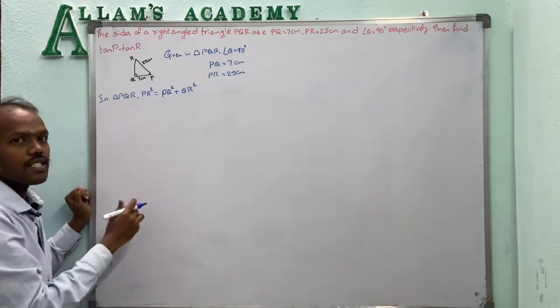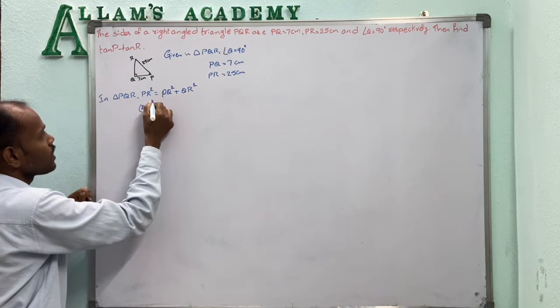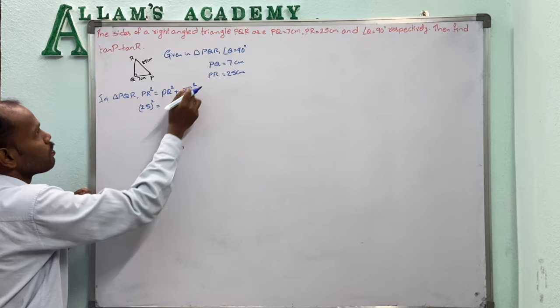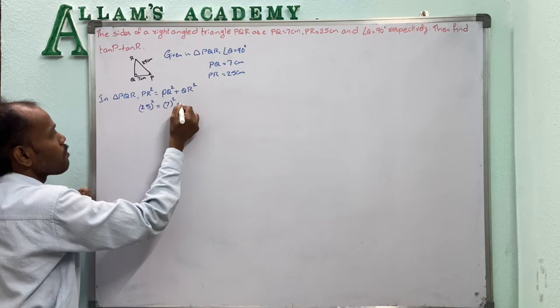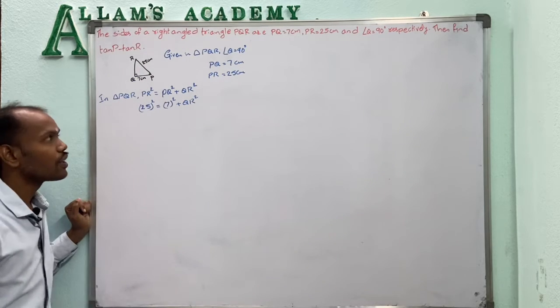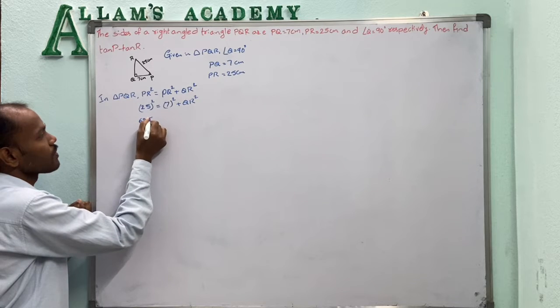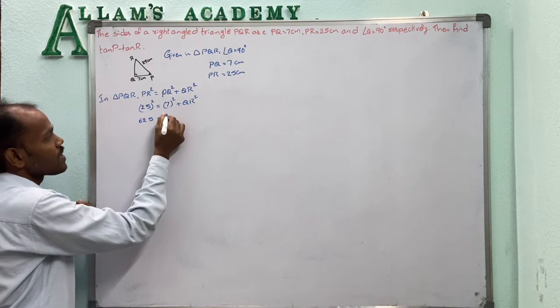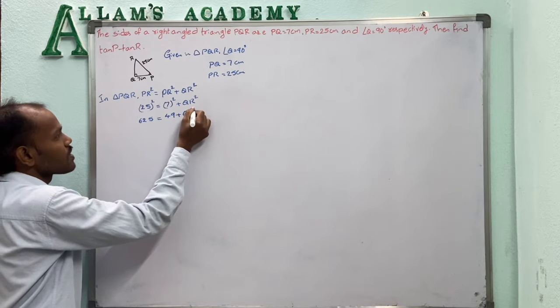PR is 25, so 25 whole square equal to PQ, which is 7, so 7 square plus QR square. We have to find the height QR. 25 square equal to 625 equals 7 square, 49, plus QR square.